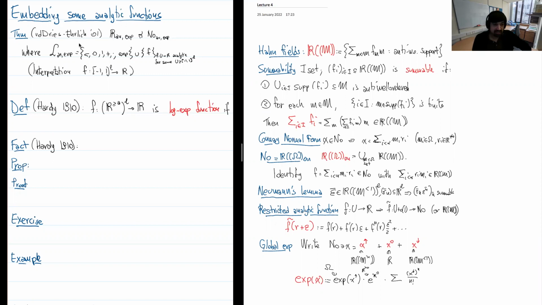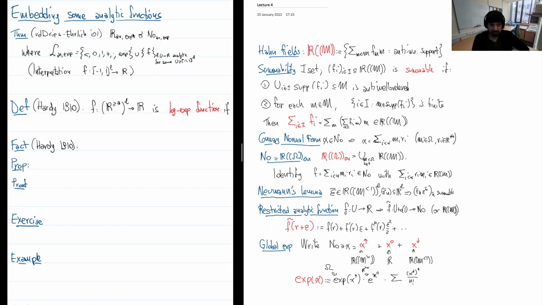So we can apply this, and the main theorem we have to remember is that if you take all the restricted analytic functions on surreals, by restricted I mean you take an analytic function on some open set containing [-1, 1]^L for some natural number L, and then you take the restriction to the compact box [-1, 1]^L, and you add these functions to your language.